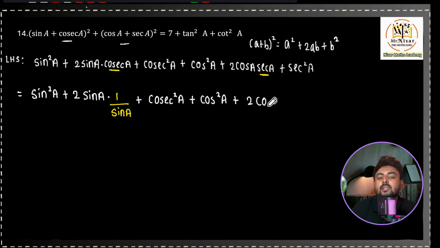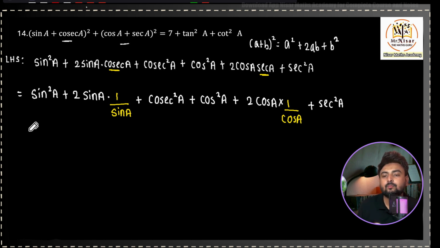And here also sec I'll write as 1 by cos A, and the remaining I'll keep as it is. So what will happen here? This sine A will get cancelled, and here this cos A will get cancelled.